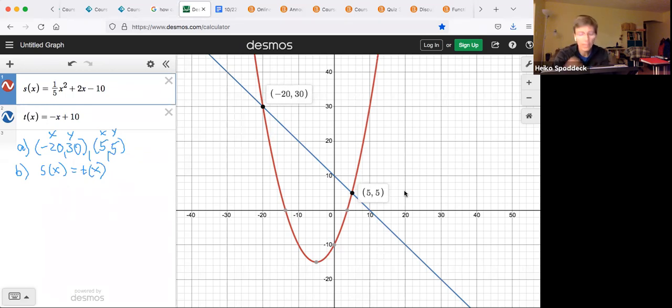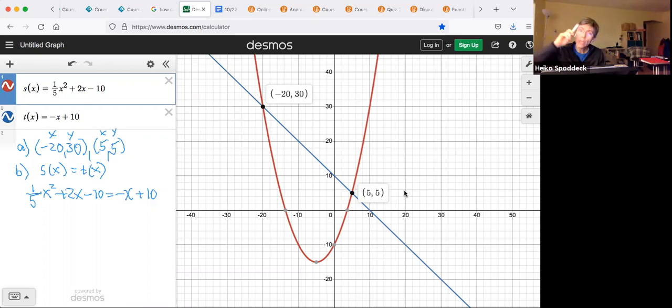Well, and you will see later on, just given an equation where it's just written out like this: x squared plus 2x minus 10 equals negative x plus 10. And you're asked to solve. That means when we have an equation like that, and I encourage you to write it out like that, because then hopefully your training kicks in and you're like, oh, don't I have to solve for x, right?